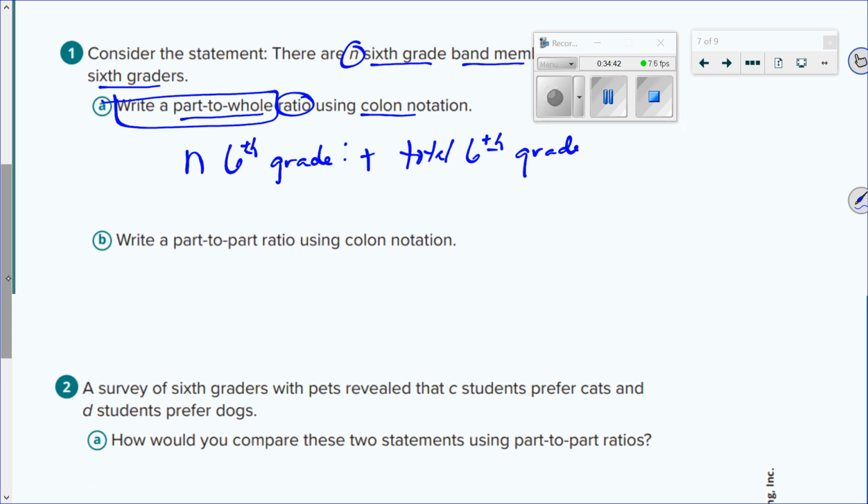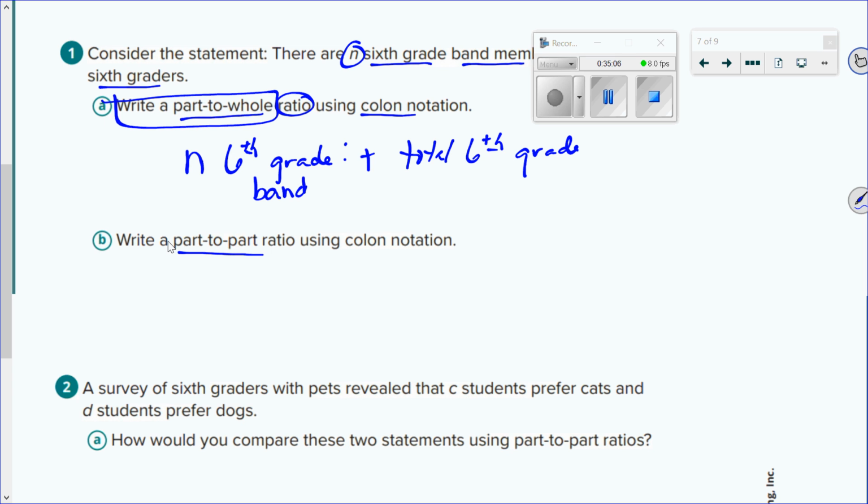Guys, now here's where this one can get a little bit confusing. They want a part to part ratio, but they gave me N band and T total. Do I have a part? No. Can I make a part? Yes.